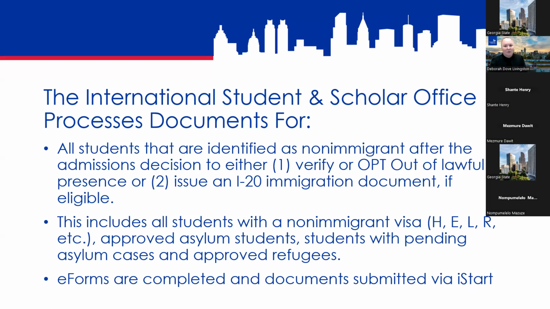Or we assist those students who are already in the United States studying to transfer, so they receive I-20 documents to continue their study at Georgia State University. Our office also verifies the lawful presence of students that hold other various non-immigrant visa statuses in the United States, or those who have applied or been approved as immigrants, such as refugee students and those students in asylum or who have applied for asylum status in the United States.